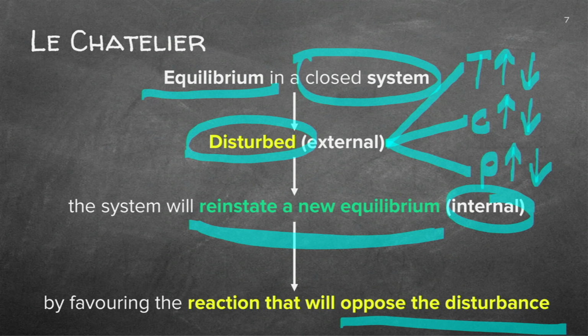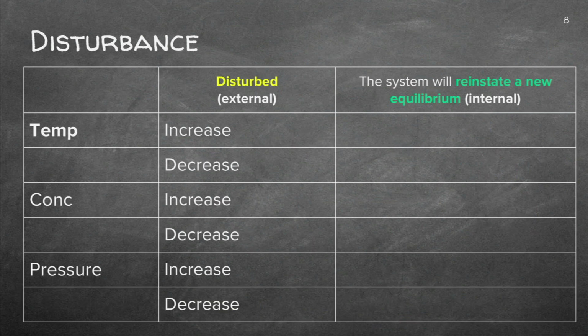So if you increase the temperature, the system will decrease the temperature. Well, the energy actually. It can't take the temperature down, but it can use the energy. If I increase the concentration, it can decrease the concentration. If I increase the pressure, it can lower the pressure. So that's the counteract.